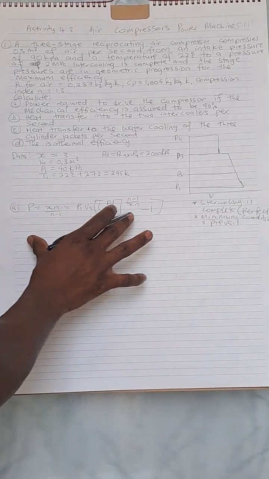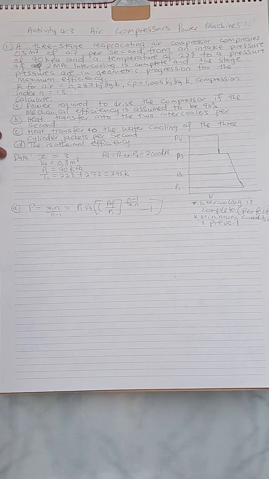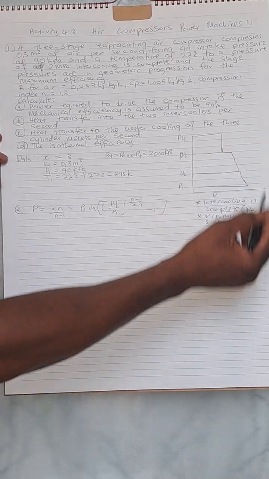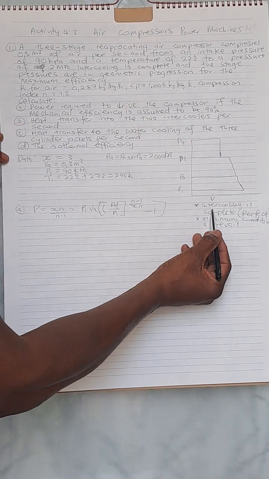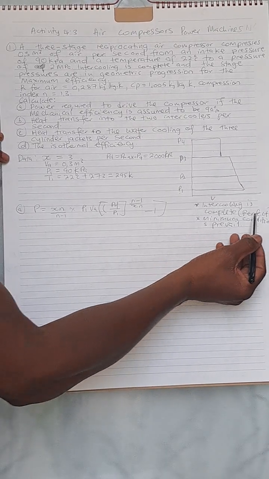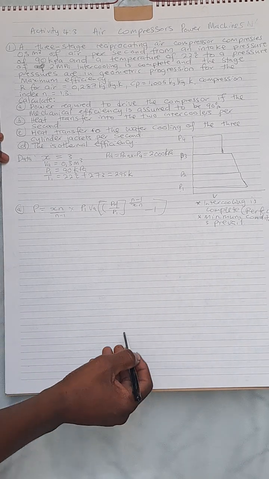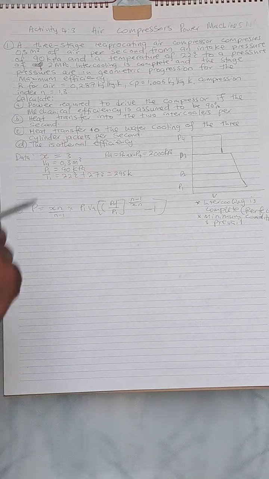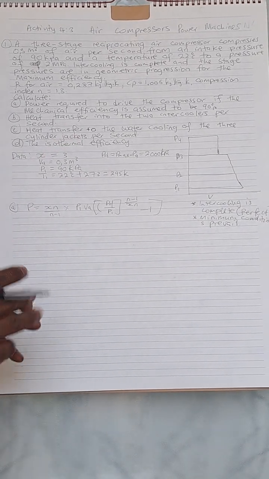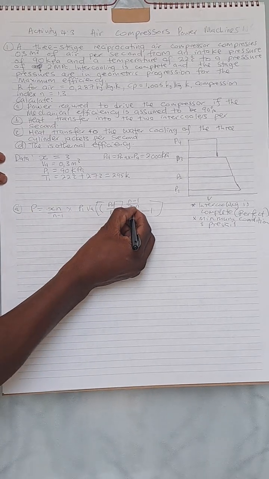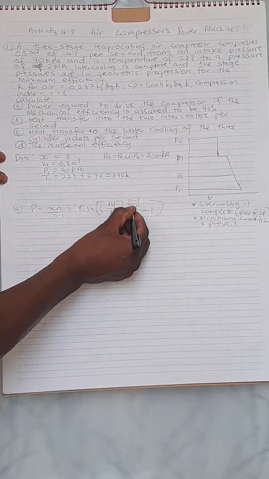On this formula, on its own, there's a lot of work which you must remember. Every time you see that a question is saying intercooling is complete, or perfect intercooling, or minimum conditions prevail, you must remember that the formula you use must show your stages at these two crucial points, this point and this point.